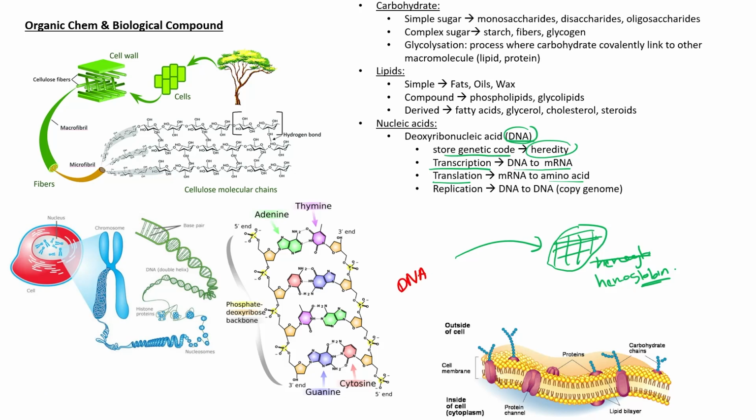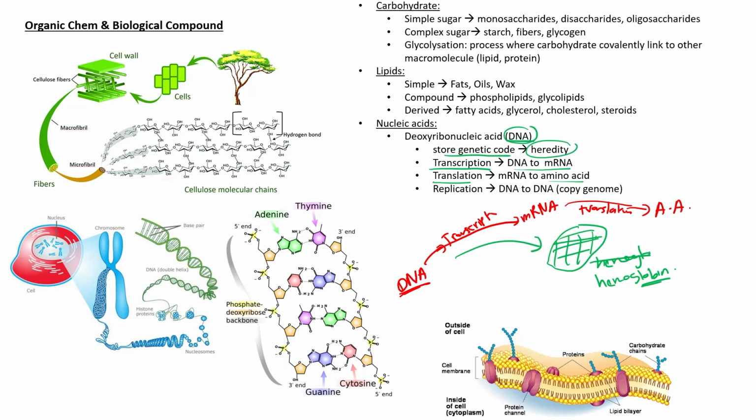So in order for DNA to instruct the body to create hemoglobin, first DNA must do transcription. When DNA does transcription, it creates mRNA. Then this mRNA will undergo translation and give you amino acids.